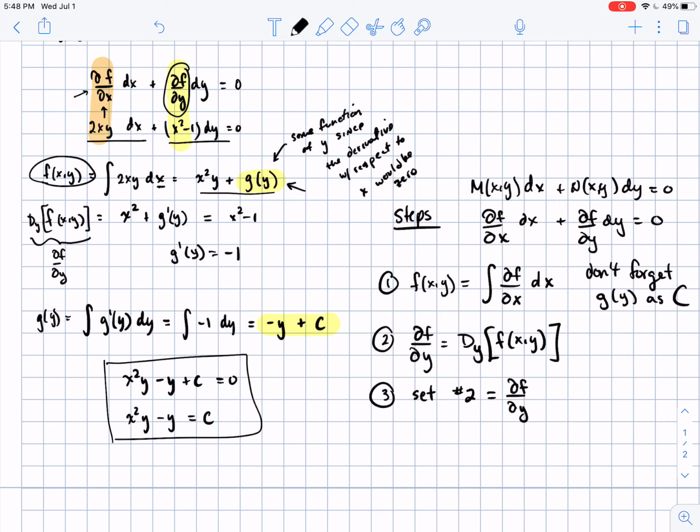You could think of it as this right here was our partial with respect to y. You're setting that equal and solving for g prime of y. And then your final step is to find g of y.